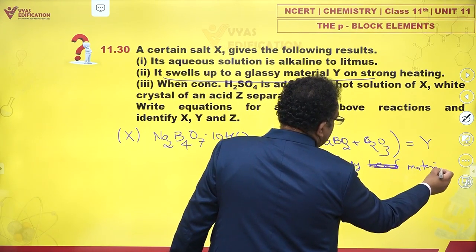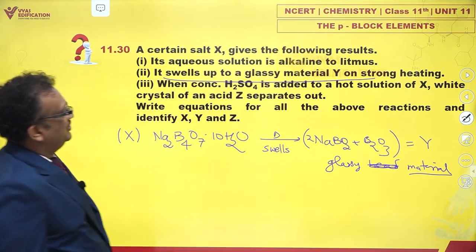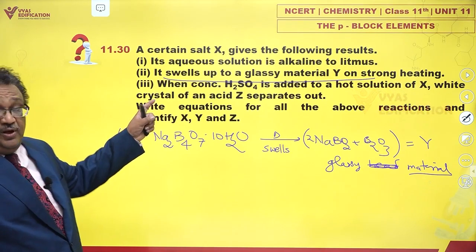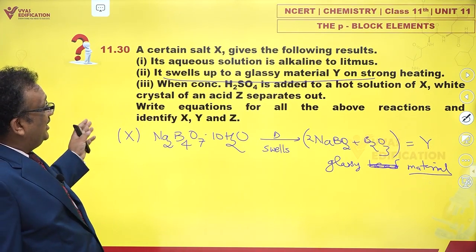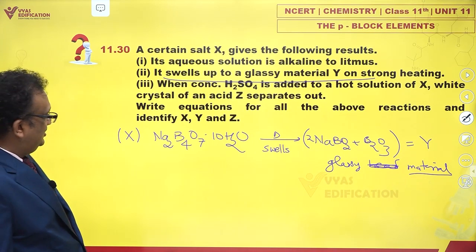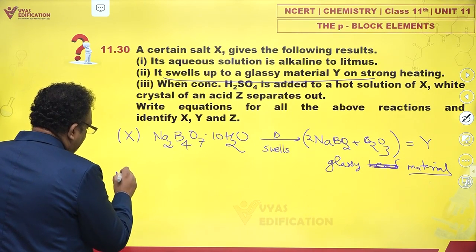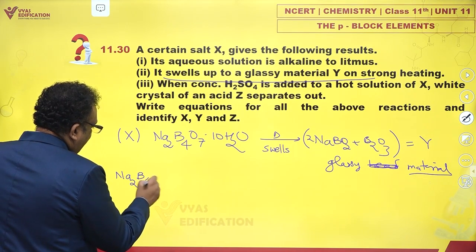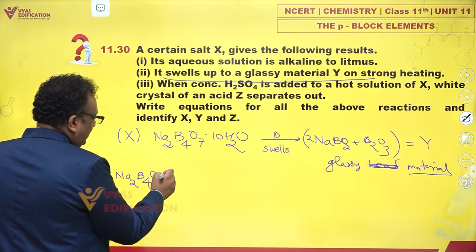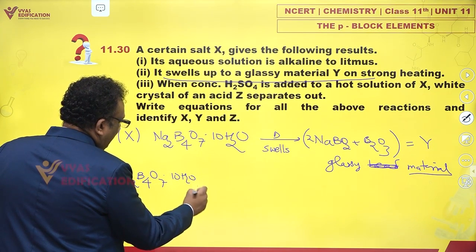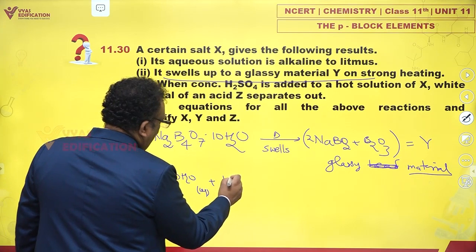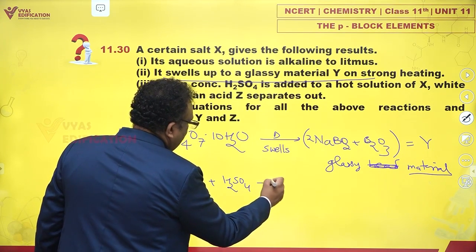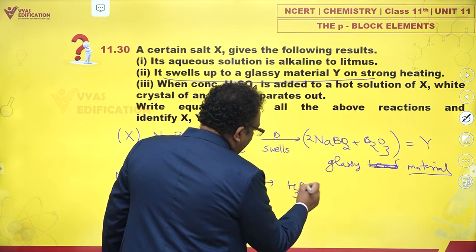The shape always may not be bead-like, so it is glassy material. And then concentrated sulfuric acid is added to a hot solution of X. Na2B4O7.10H2O. You have plenty of water and you add an acid. What happens? You get boric acid, H3BO3.